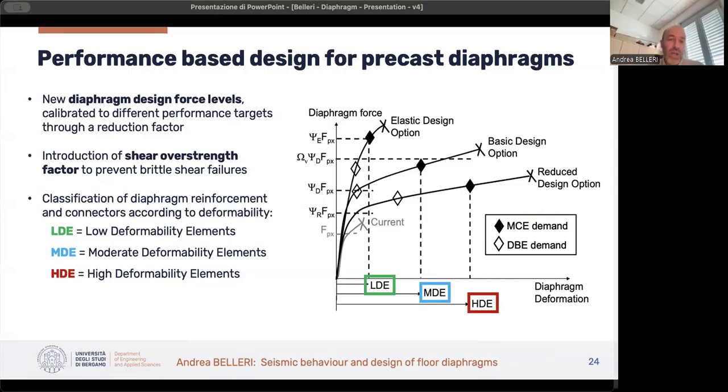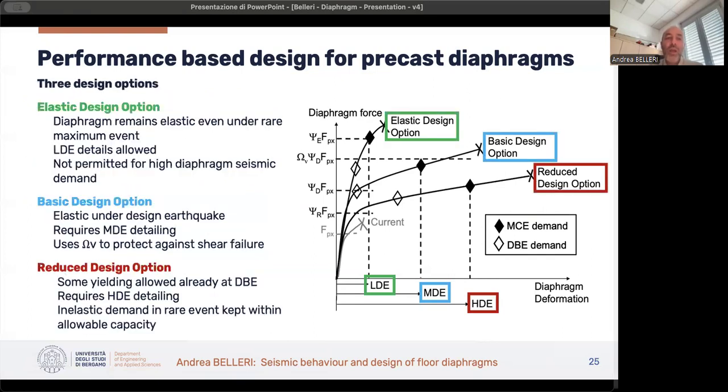Basically, the first step was to divide the different connections typologies based on the available deformability. So they were divided into low deformability elements, moderate deformability elements, and high deformability elements. For each of those type of connections, three different design options are available.